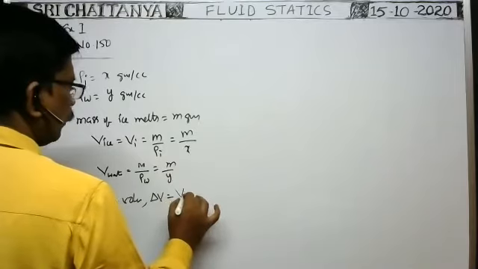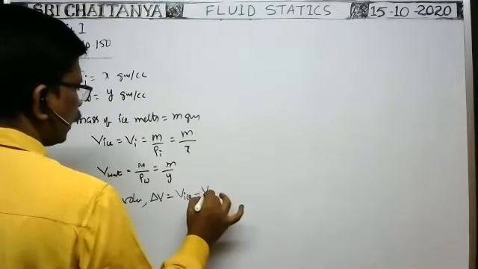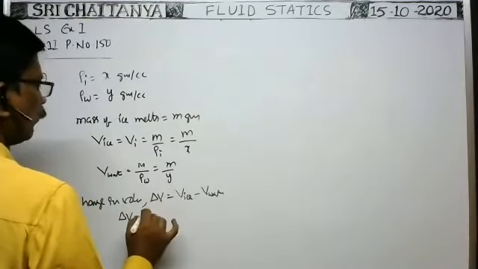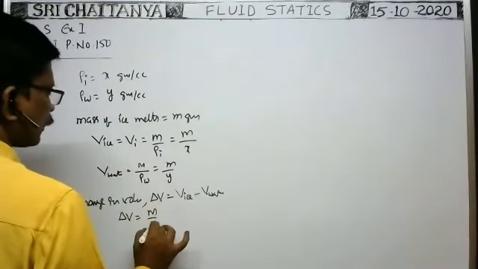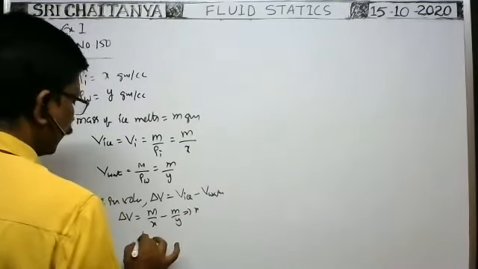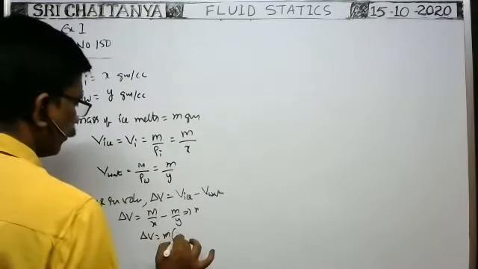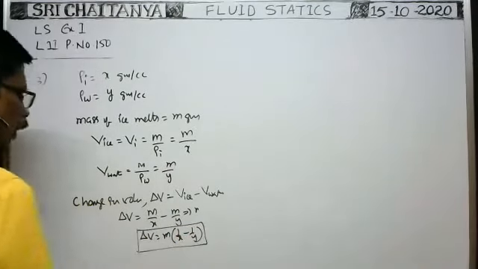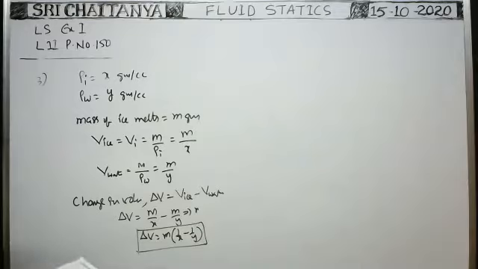That's why change in volume is volume of ice minus volume of the water. So delta V is equal to m by x minus m by y. When you take m common, delta V is equal to m into 1 by x minus 1 by y. This is the change in volume.